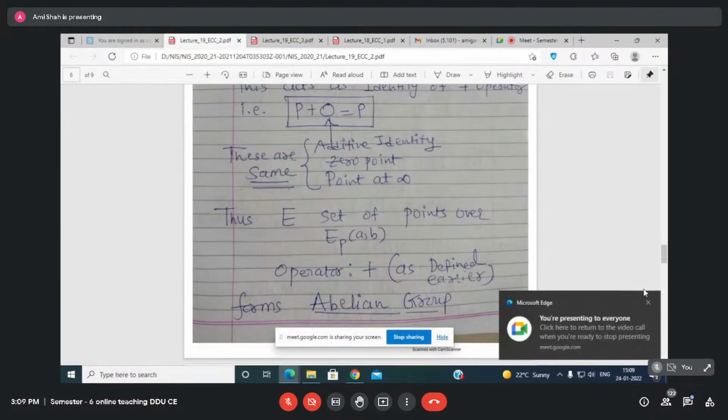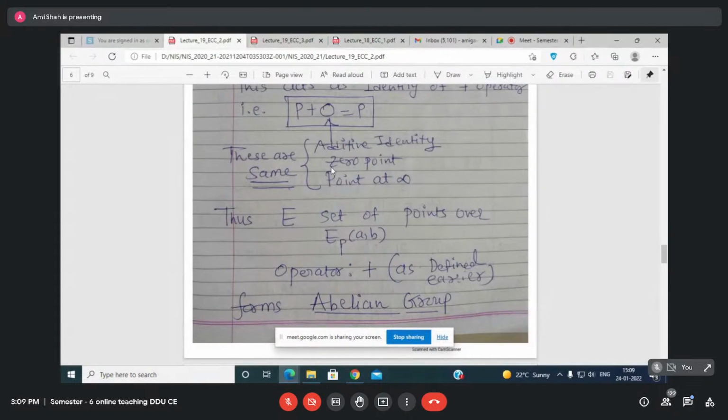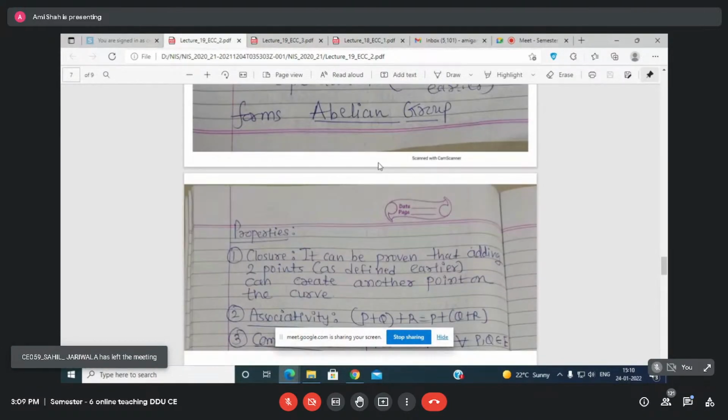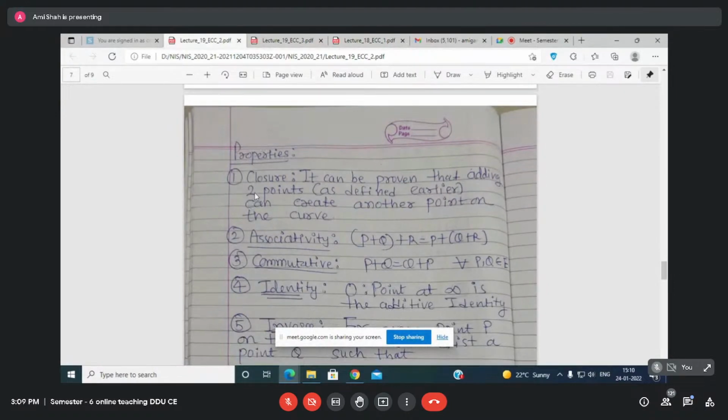Okay. So listen here. Why can you say that it forms an abelian group? If it satisfies all the properties. So we will check one by one. The first property is closure. That means it can be proven that adding 2 points as defined earlier creates another point on the curve, right?